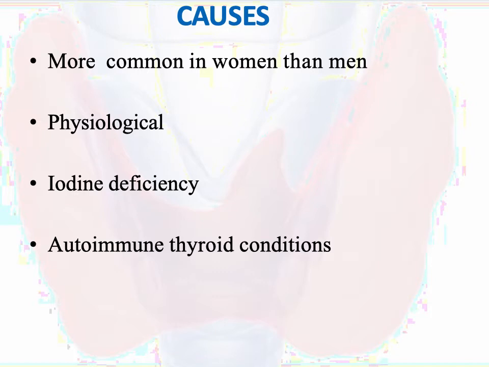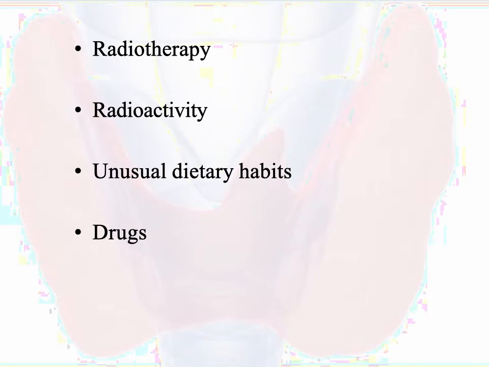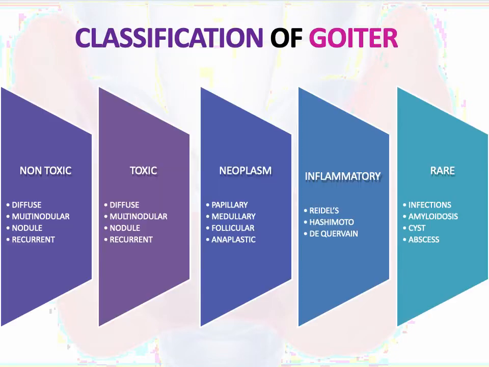But afterward, when this emergency is over, it regresses. Autoimmune thyroid conditions as well cause the enlargement. Radiotherapy, if you do radiotherapy due to any reason, radioactivity, unusual dietary habits, and medications.